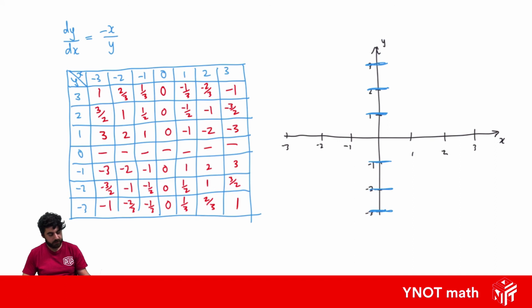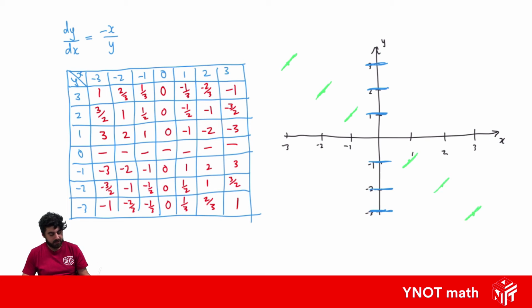So let's mark all of those in. So gradients of 1 are occurring here, here, here, here, here, and here. So gradients of 1 all look like this. 45-degree angle in the positive direction because the gradient's +1.